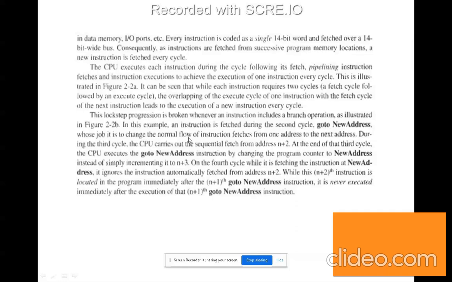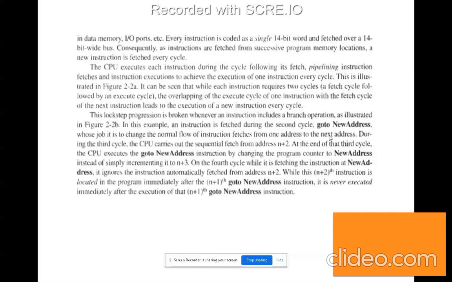Here the instruction is fetched during the cycle, go to a new address, whose job it is to change the normal flow of instruction fetches from one address to the next address. So go to address, that means in the program you'll be having a jump to a new address. At that time what will happen, your current cursor will be jumping to the new address, from the present address to the new address. So for that it will take a cycle.